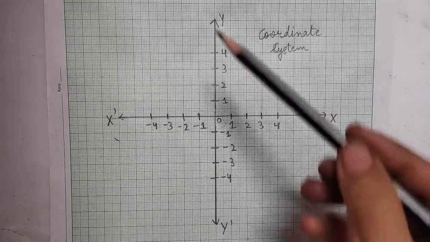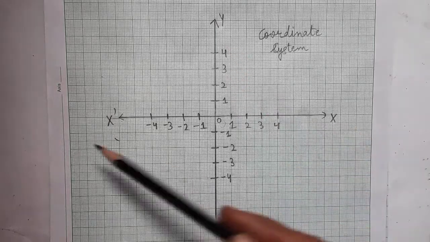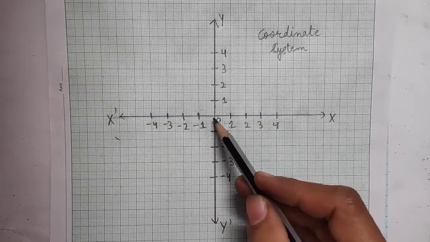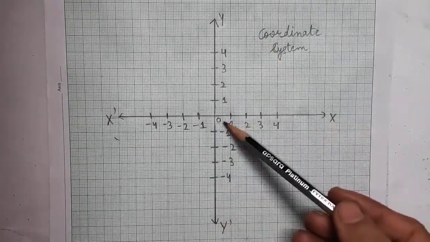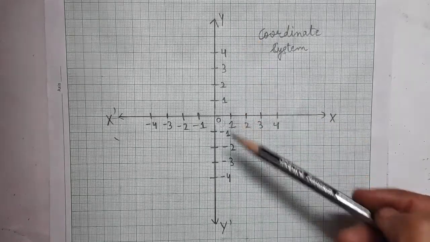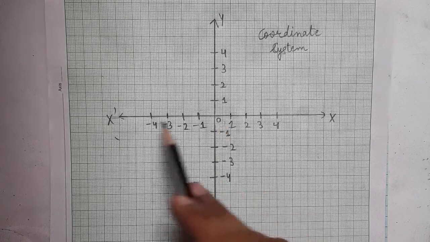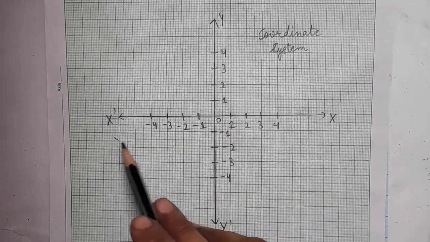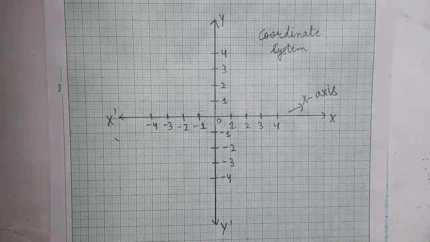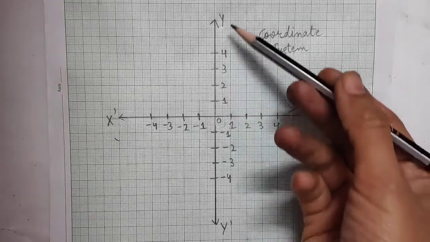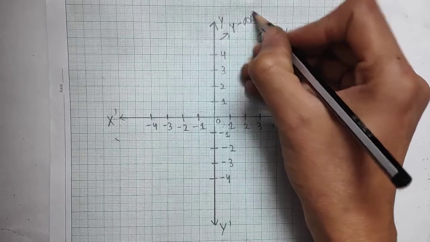This is the horizontal line and this is the vertical line on a graph paper I have made, and these two intersect each other at point O. You can see this point is O. This horizontal line XOX dash is known as the X axis. The vertical line Y dash OY is known as the Y axis.